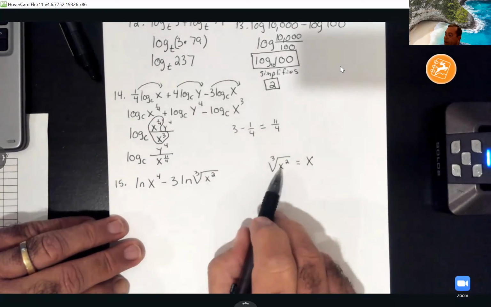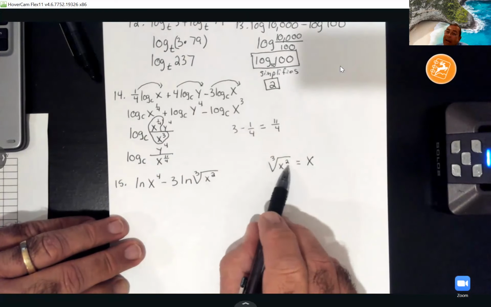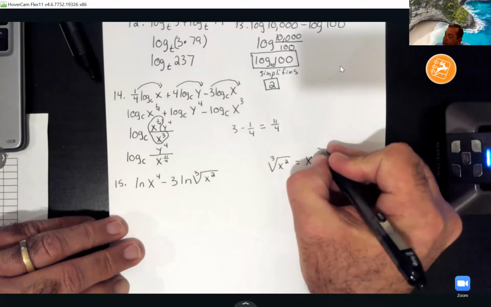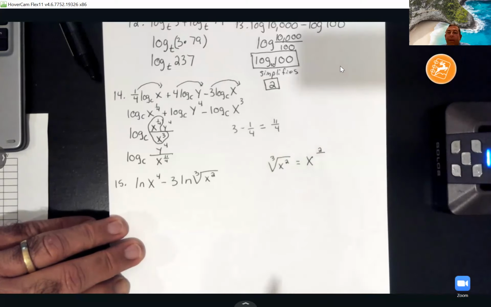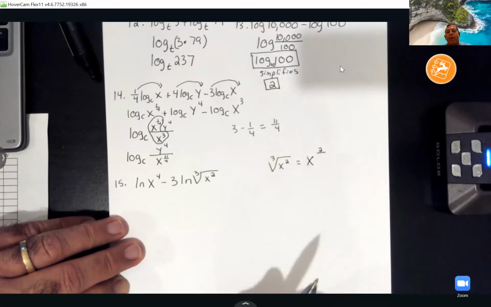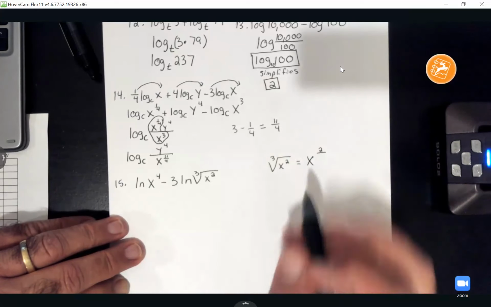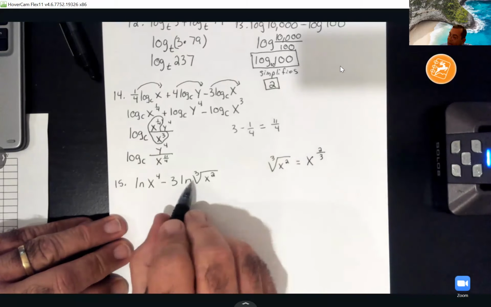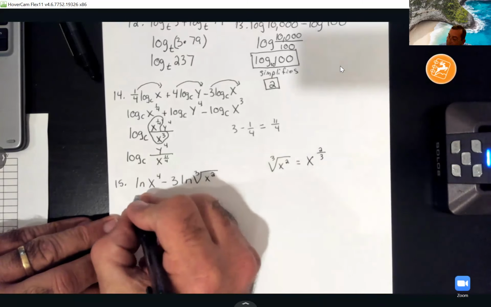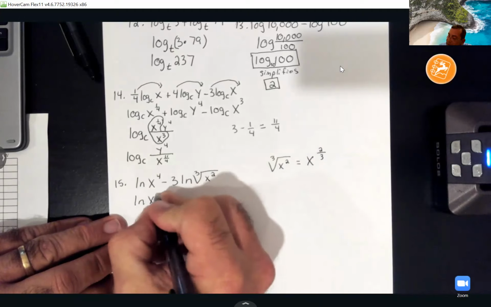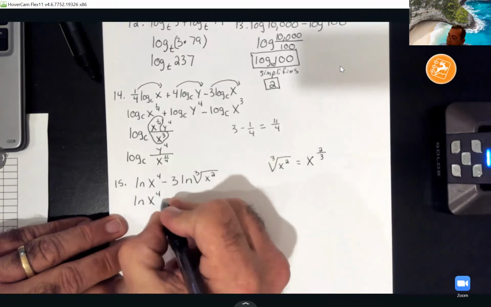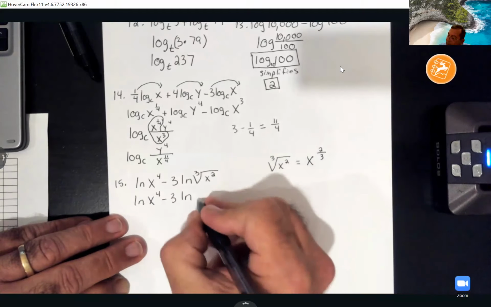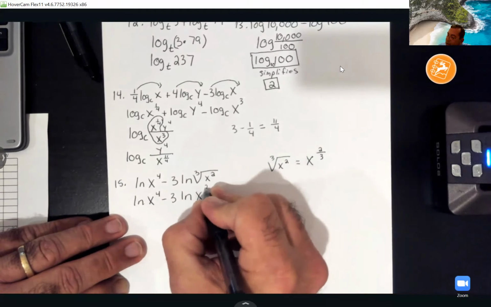So that'll be rewritten as an x. Now this time the x has the exponent of 2. So that 2 will go to the top. And guess what that bottom number will be? 3. It's going to be that 3. There you go. So rewriting this part as that, I'm going to get an ln of x to the 4th minus 3 ln of x to the 2/3.